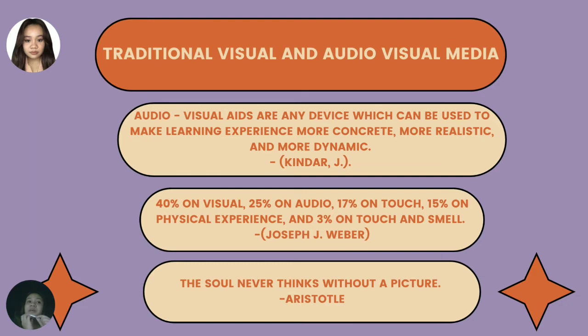So, traditional visual and audiovisual media are devices before the advent of the computer and modern day technology. Some of them do not need electricity. For example, the text-based visual aids.